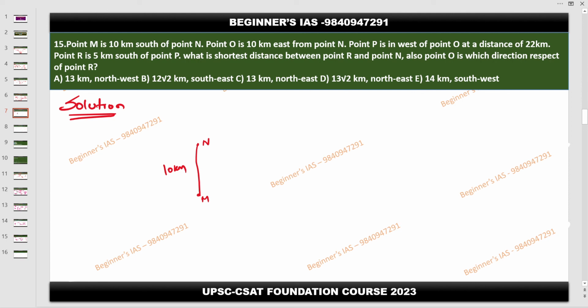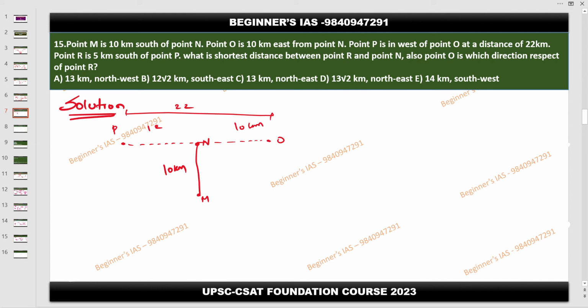Point O is 10 km east of point N. Therefore, O. Then, point P is west of point O at a distance of 22 km. Therefore, here, this is point P. 10 here, 12, so therefore here 22.